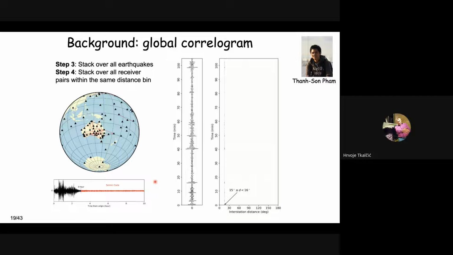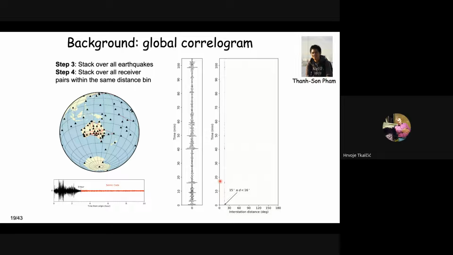You can see many station pairs in this particular distance bin, and all of them are stacked here. Again, cross-correlation computed, all stacked here, and you can see many more features now for such a stack. Then we take this and paint the positive amplitudes in blue and negative in red, and then we show it as this strip here between 15 and 16 degrees.